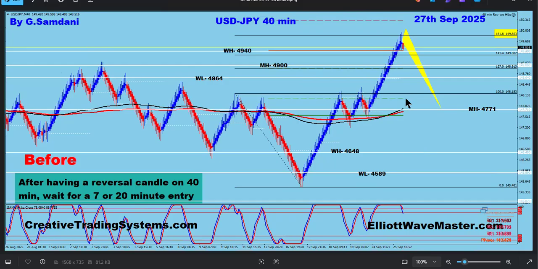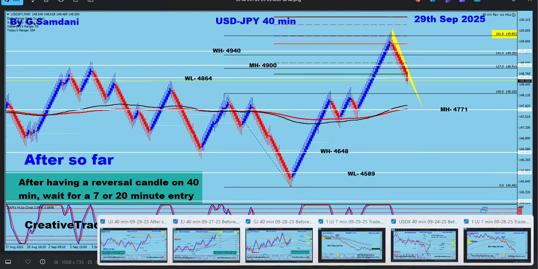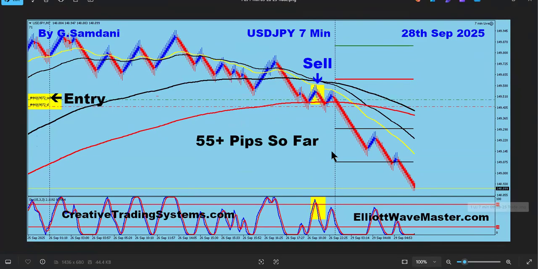So what really happened here? It came down like this so far, a little bit more to the downside. When it was coming down, that's exactly what I did with the 7-minute chart. I placed my expert advisor, the CTS7 robot, and it took the trade, and this was the entry.